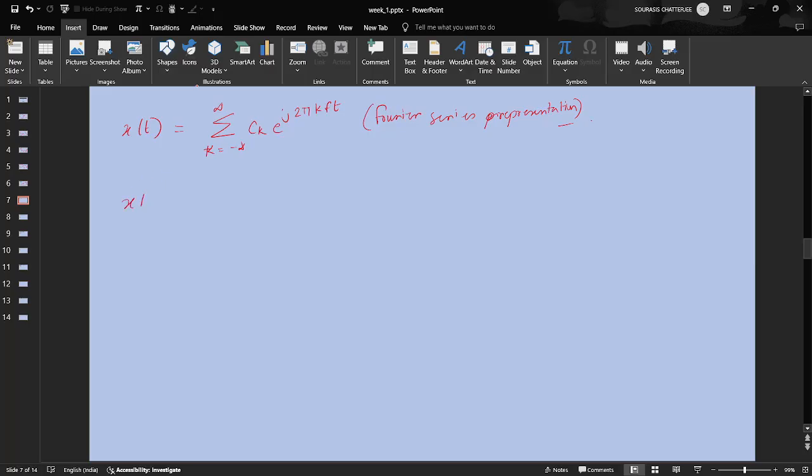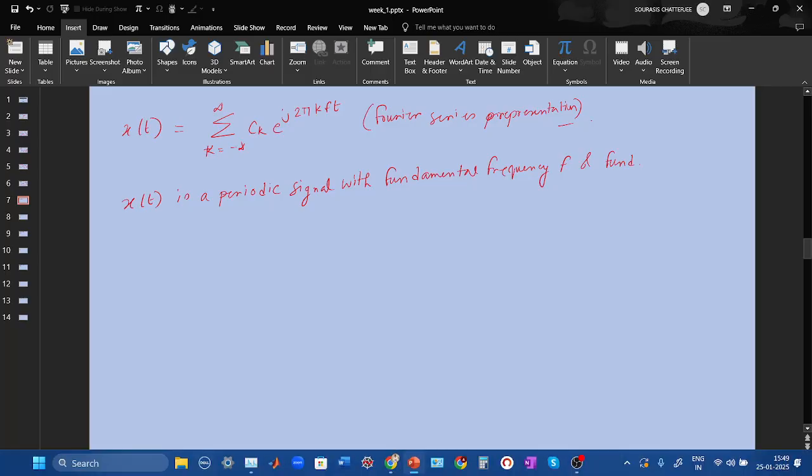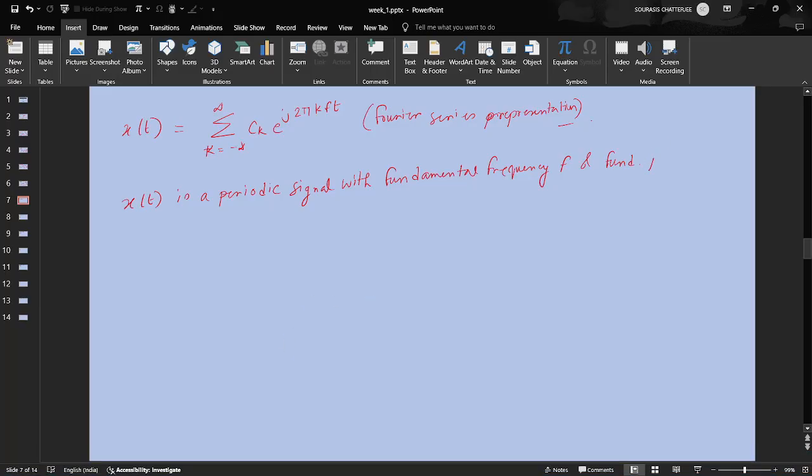So as of now we have seen that x(t) is a periodic signal with fundamental frequency f and fundamental period T, where the fundamental frequency and fundamental period have this inverse relation.